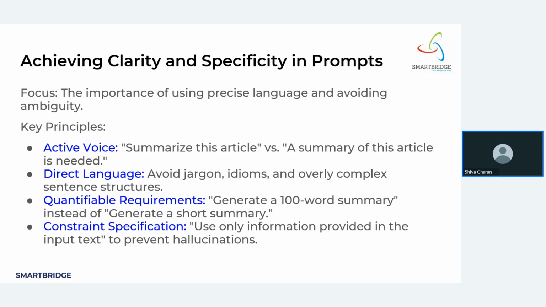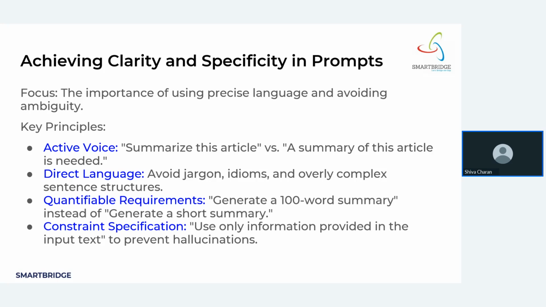If we are being specific about a summary, then we need to mention the word count also: generate a 100-word summary. We are mentioning how many words it should consider for that summary, and based on that it should generate. So quantify requirements, and you can switch according to the scenario. And the constraint specification says: use only information provided in the input text to prevent hallucinations.